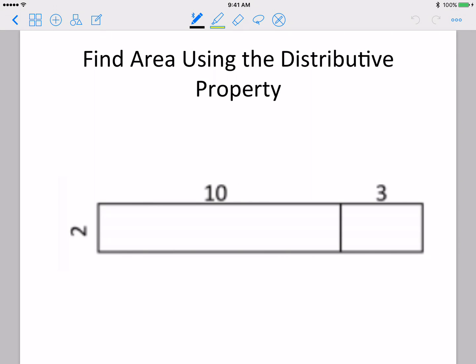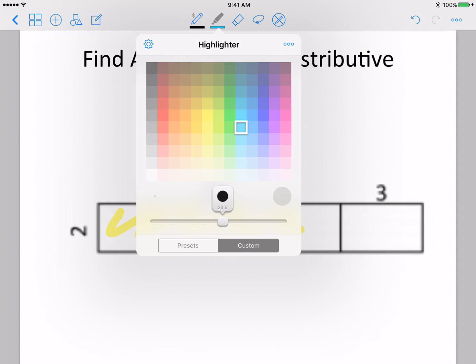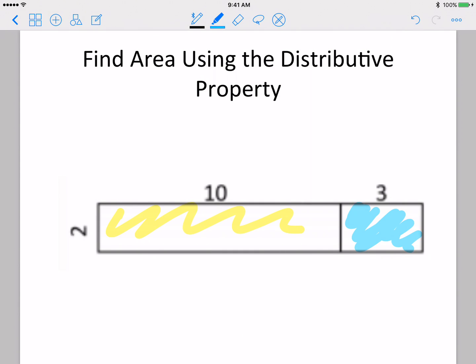The last idea I want to discuss is using the distributive property to help us find the area. Sometimes there's going to be 2 rectangles put together just like this. You can see here's one, and then we want to find the area of this one too. But sometimes our numbers are going to be challenging.